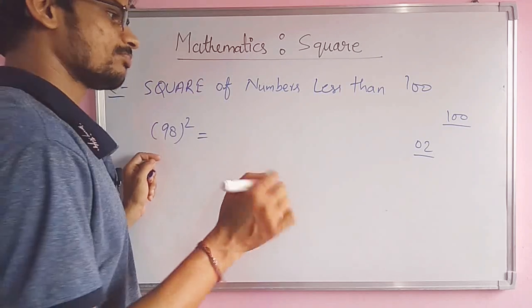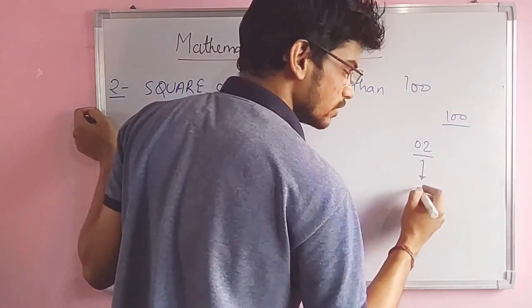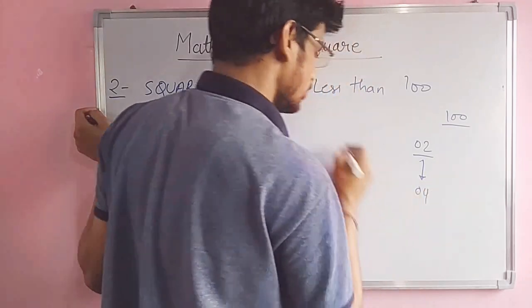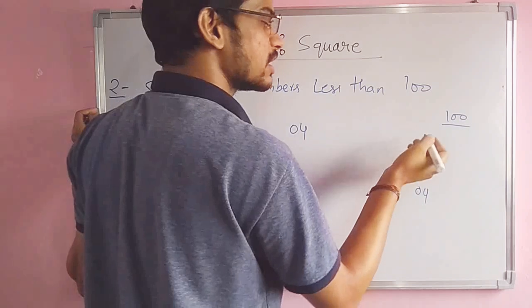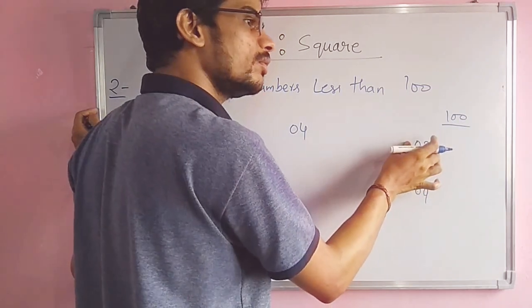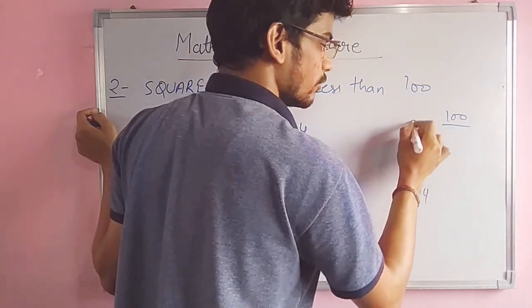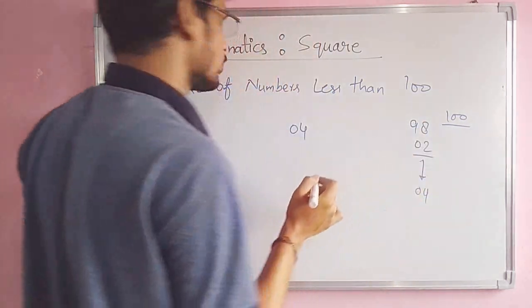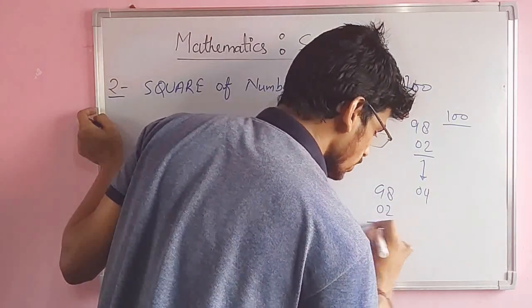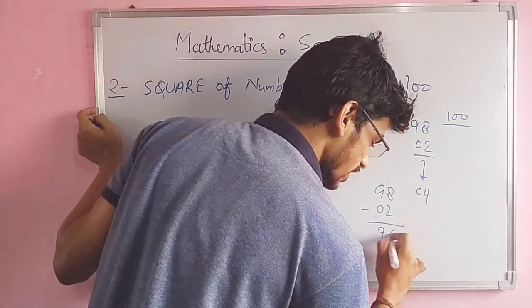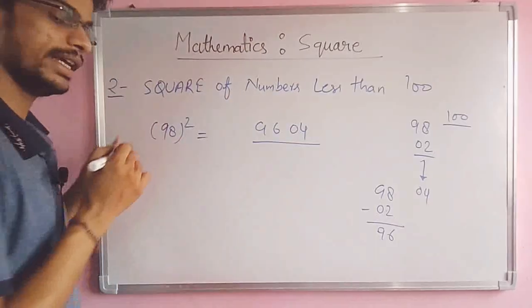So now calculate the square of the lesser value, that is 4. Now in the second step, we subtract the lesser value from the given number. Subtract 2 from the given number, that is 96. 9604 is the square of 98.